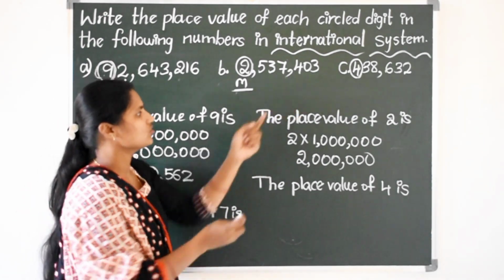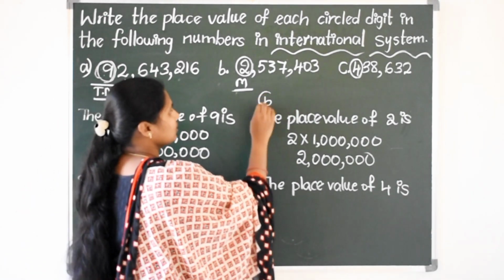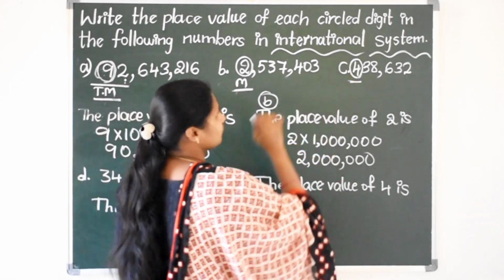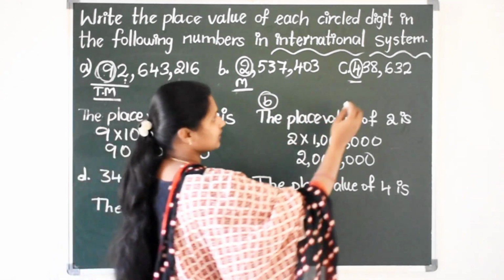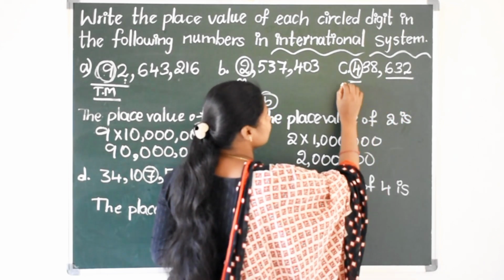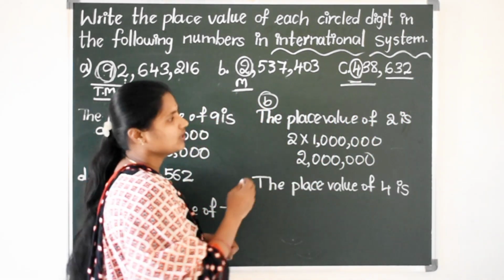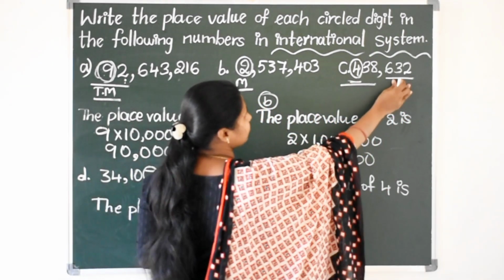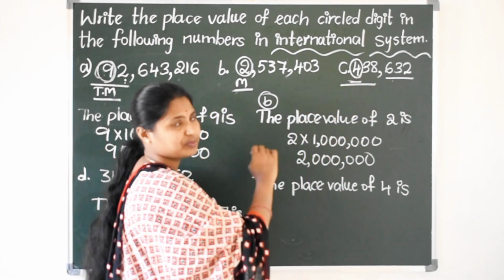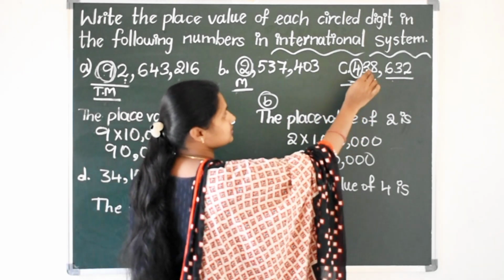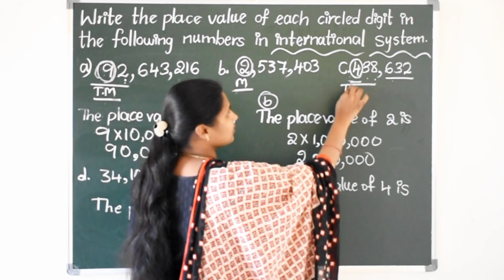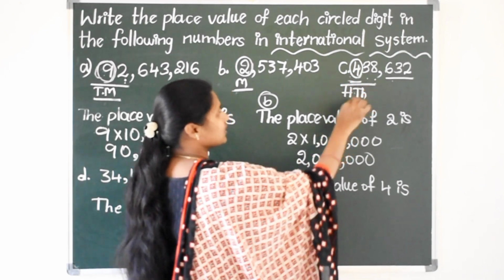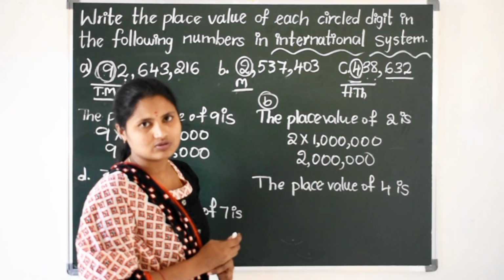Next, see the C question. Here the circled digit is 4. Here how many periods are there? Only two periods are there, ones period and thousands period. In the thousands period we have thousands, 10,000s and 100,000s. So 4 is in which place? The 100,000s place, right?